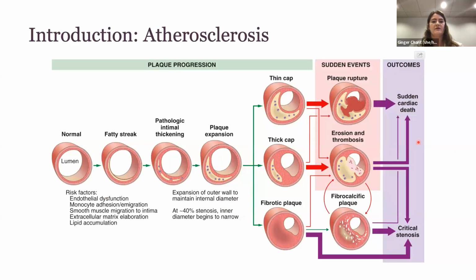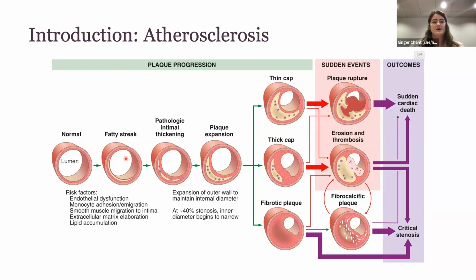This is a nice graphic showing the progression of plaque formation. So when I say fatty streak, this is what I mean, just a little bit of atherosclerosis on the wall formation or fat buildup essentially on your arterial wall.